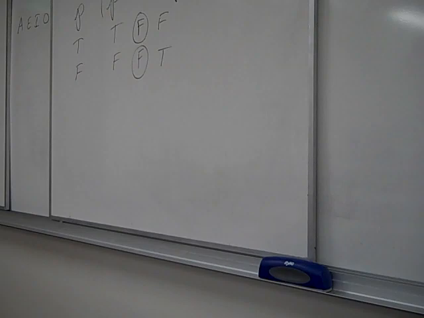But before I could figure that out, I had to figure out the ones on the sides. Because this operator says I have to have true on both sides for this to be true. But what is on this side? Well, this is if P then Q. So I have to figure that out.